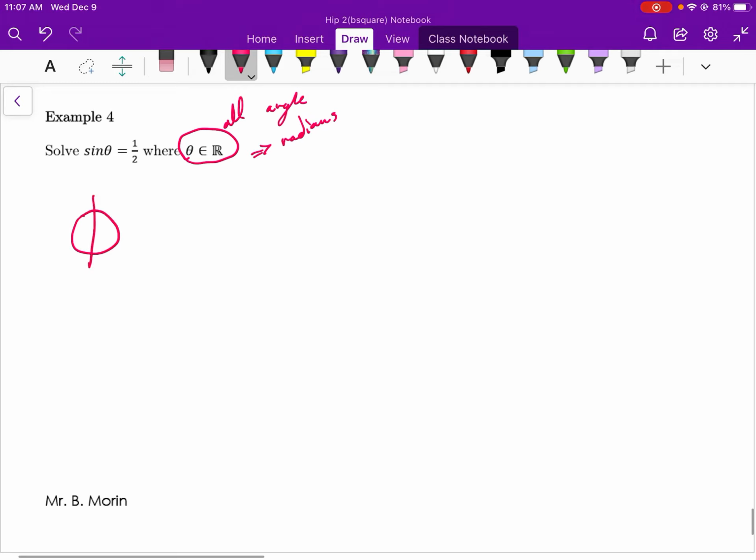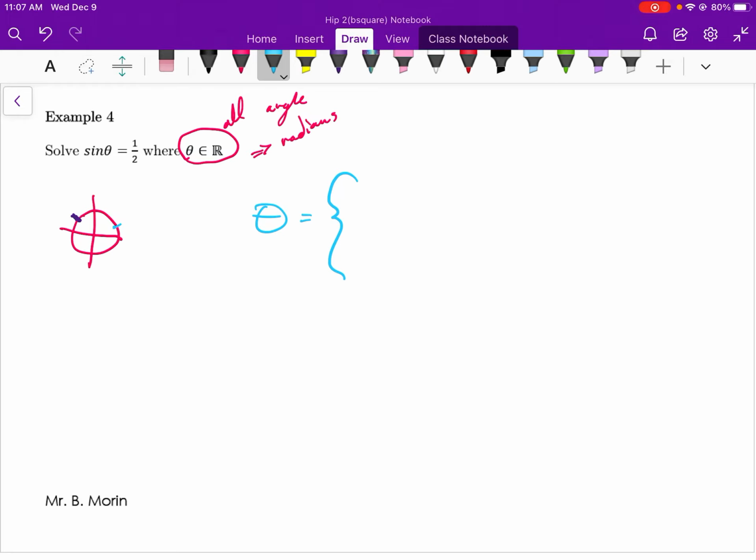I start off my question exactly as I did before. Where is sine theta equal to 1/2? Well, in those two places. I'm going to make one blue and one purple. So theta is equal to, well, it either has to terminate at the blue mark or at the purple mark.